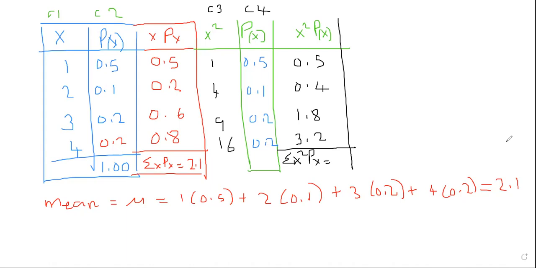Total up, what are you getting? Add this, what are you getting? This is 5.9.